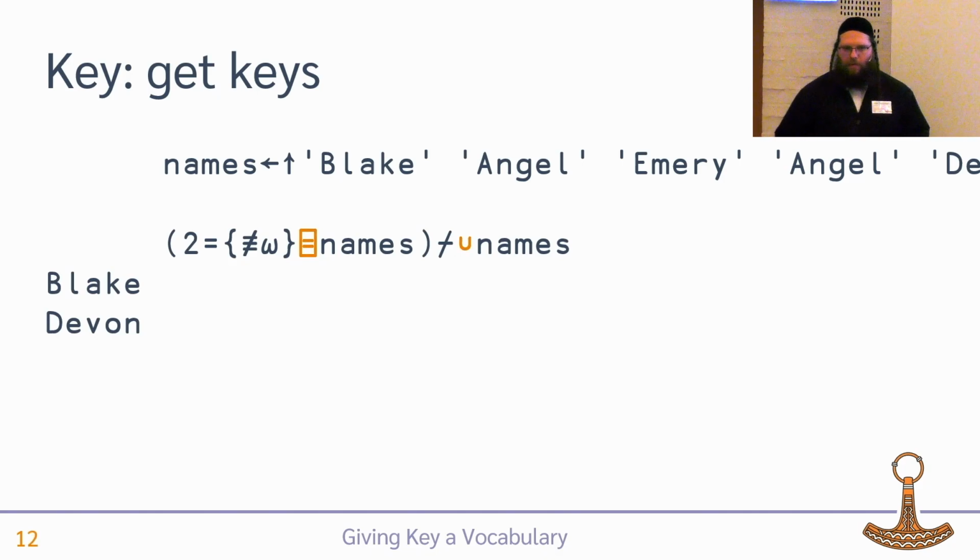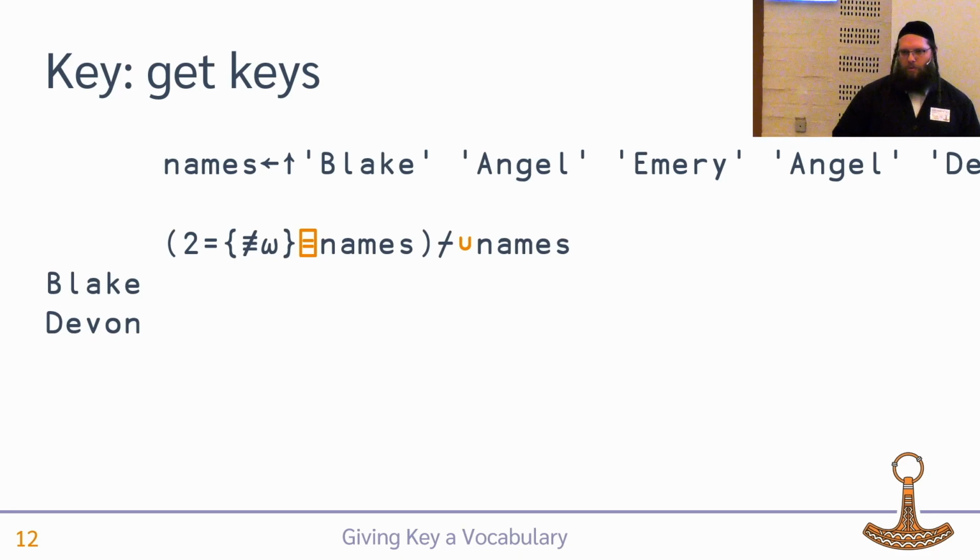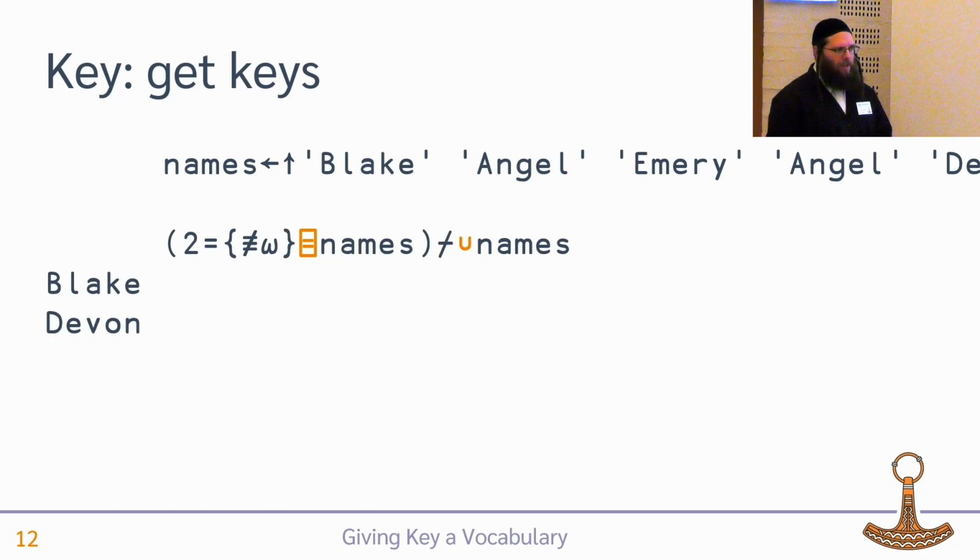And the issue that I have with this is finding the unique values is a relatively expensive operation. And the first thing we do is we find all the unique values, and then we completely forget about that, and then we let key compute the unique values again. Wouldn't it be nice if we had a way to tell key that we already found out what the unique values were? Just use that. Don't have to double the work.